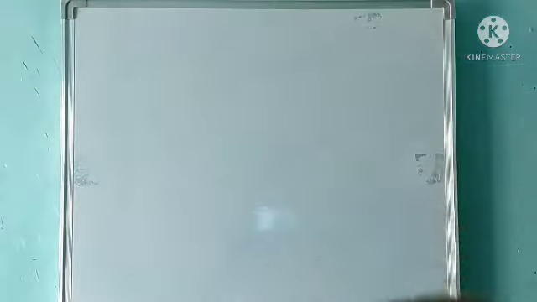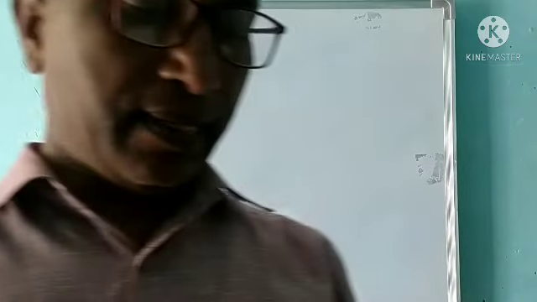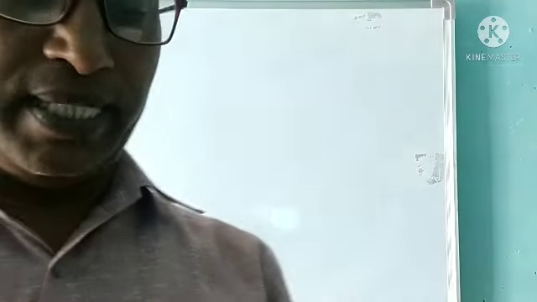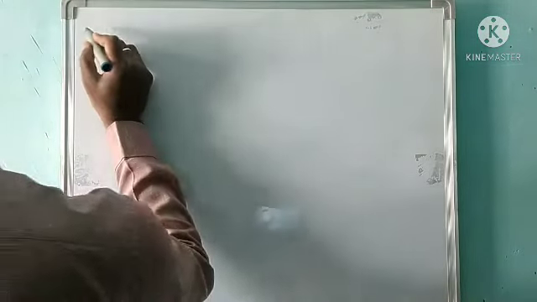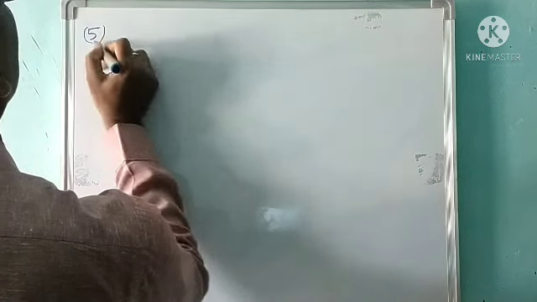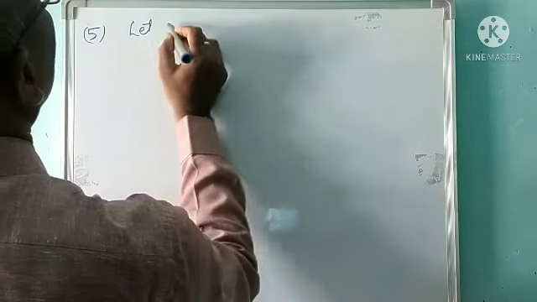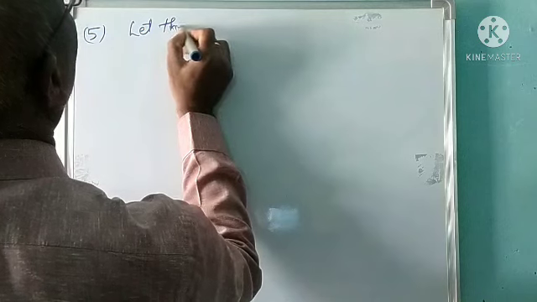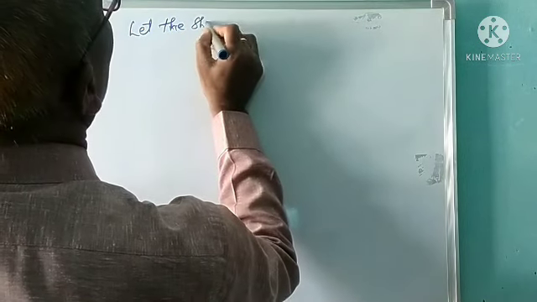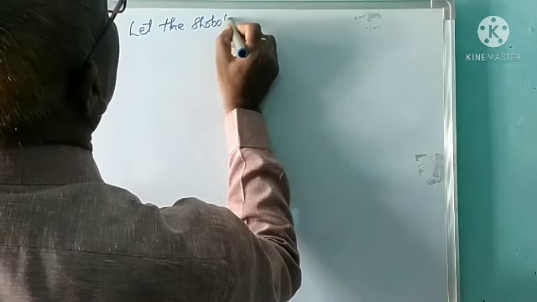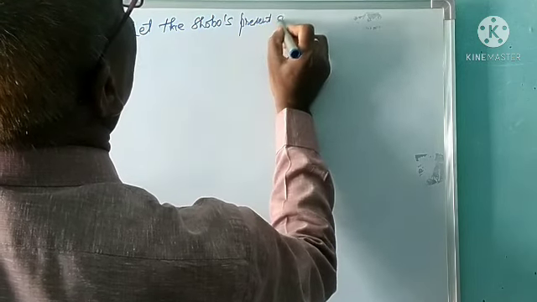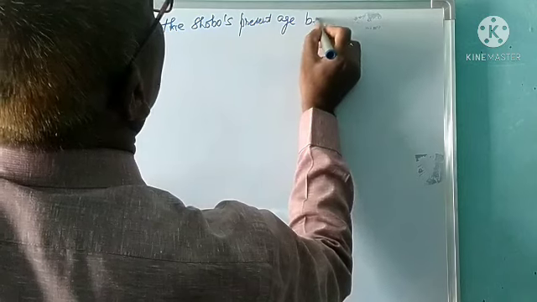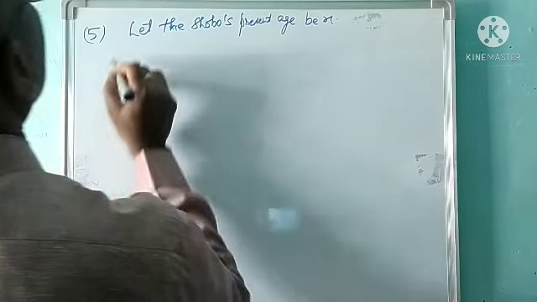This means you write down, question number 5. Let the present age of Shobu be x.